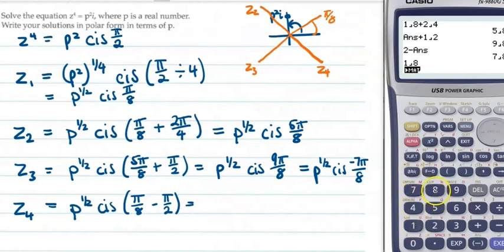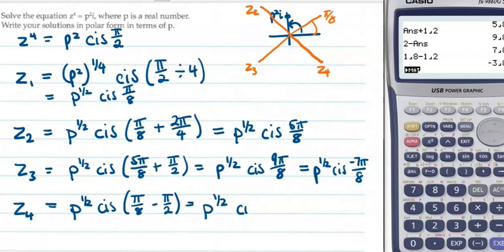So 1/8 take off a half is minus 3 pi by 8, like so. Again, you could add on a half to the answer that we just got here to get the next one around and then work out what equivalent it would be as a negative.